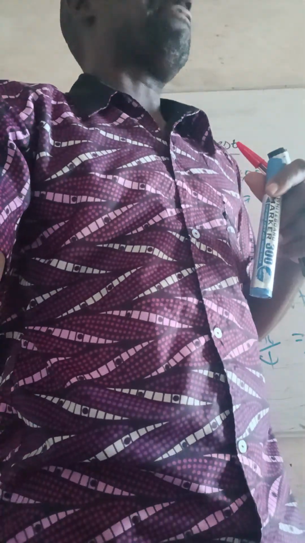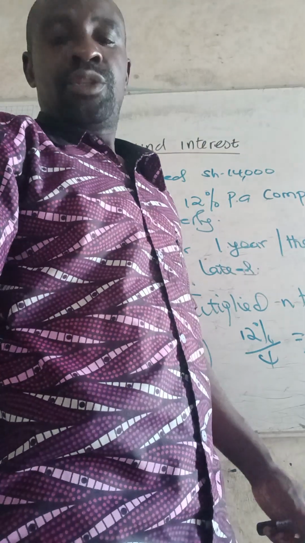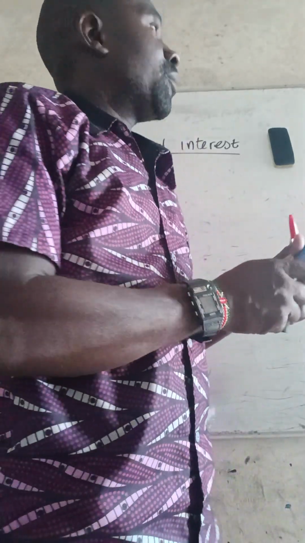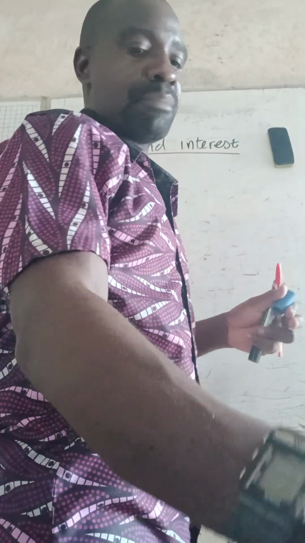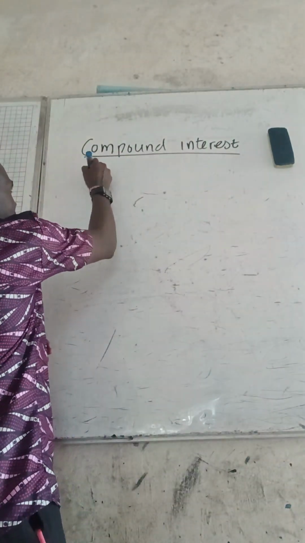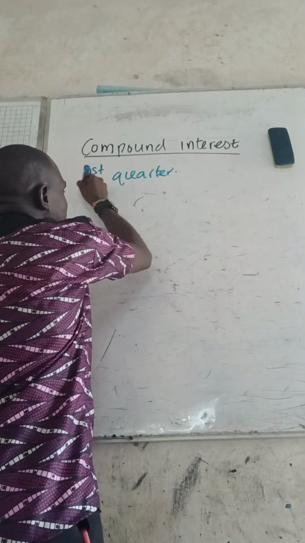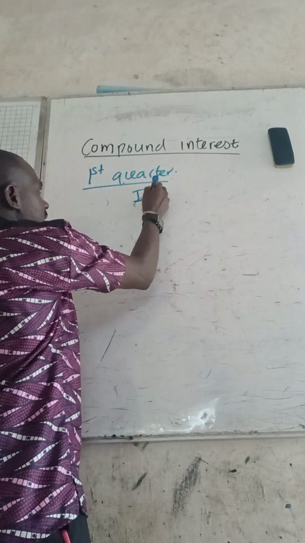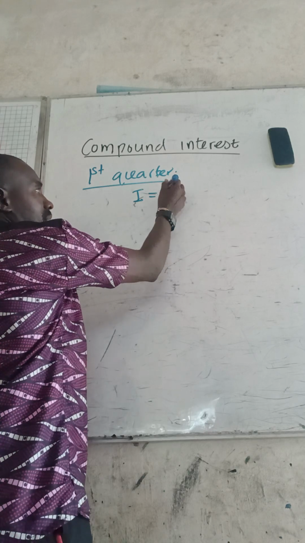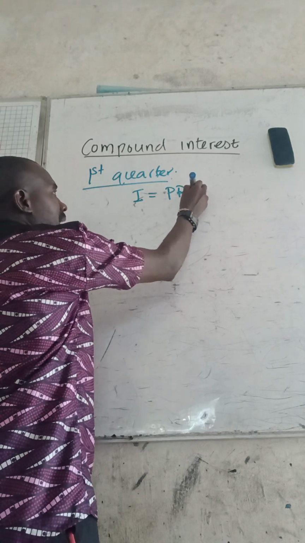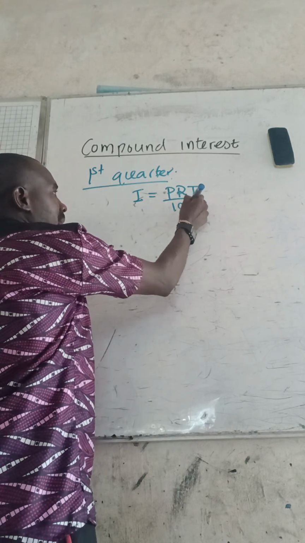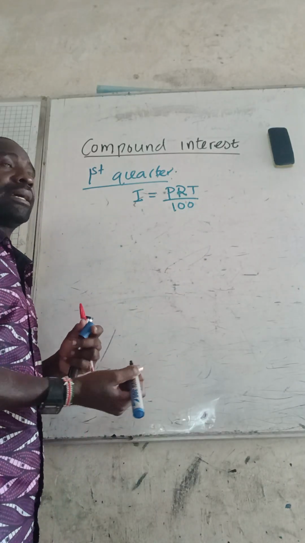We are beginning with the first quarter. Interest is given as principal multiplied by rate multiplied by time out of 100.